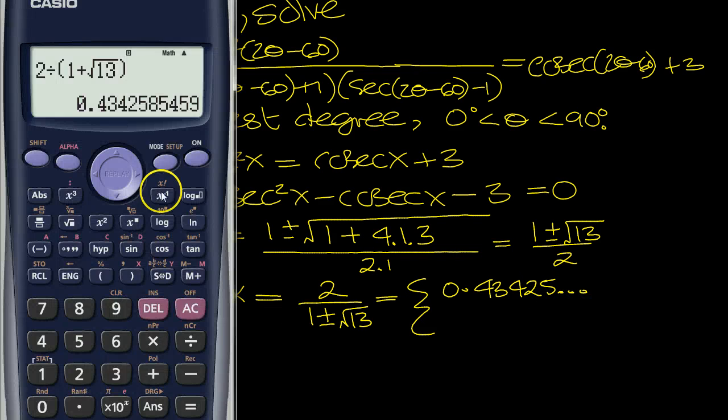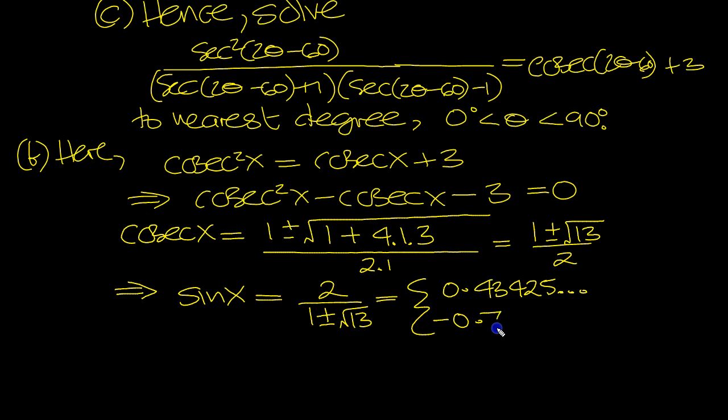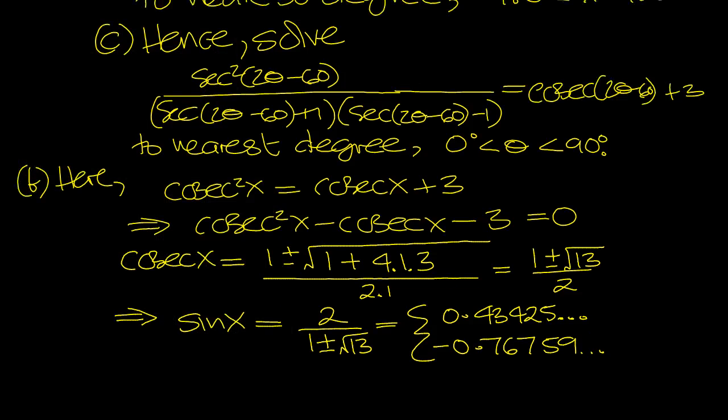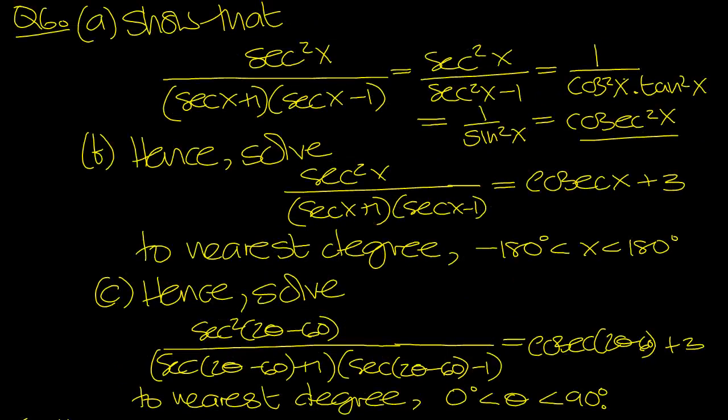And then we want to put the minus in, see what we get there. Delete that and put a minus, and that gives minus 0.76759. Let's just check that. Okay, that's fine. So there's sine x. Now what does it say?